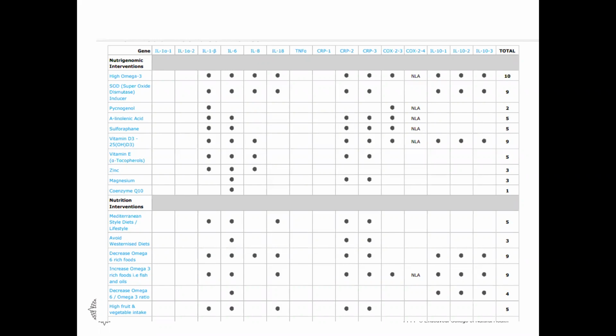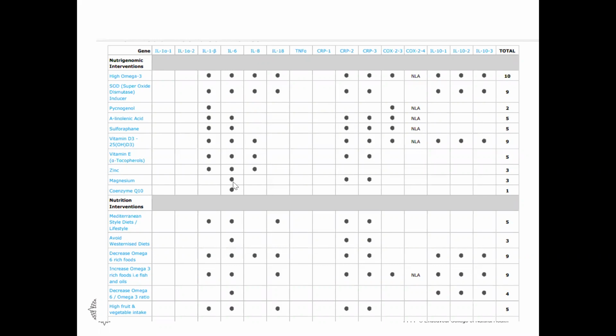So, what's the NLA under the COX-2 to 4 pathway? On what you've got on the screen at the moment, omega-3, etc. Under 2 to 4, what's NLA? Alpha-linolenic acid? Can you see under COX-2 to 4 it says NLA? Oh, not sure what that means.